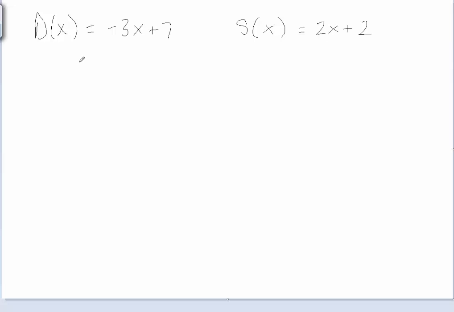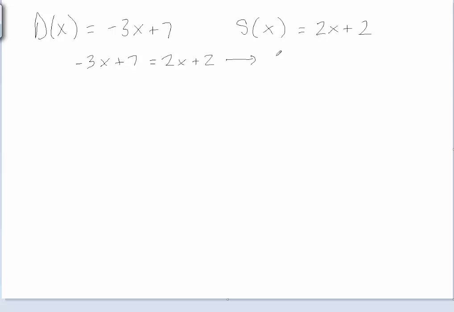So to find the equilibrium point, as we've done in the past with solving systems of equations, what we want to do is just set the two functions equal to one another, and that will tell us where the two lines intersect, and that'll tell us where our equilibrium point is.